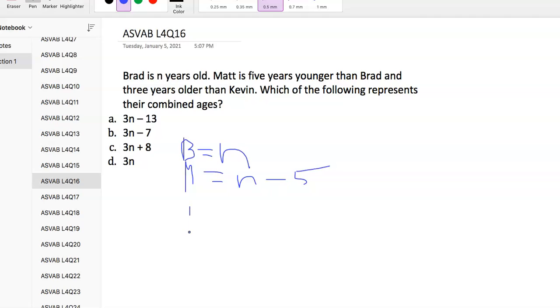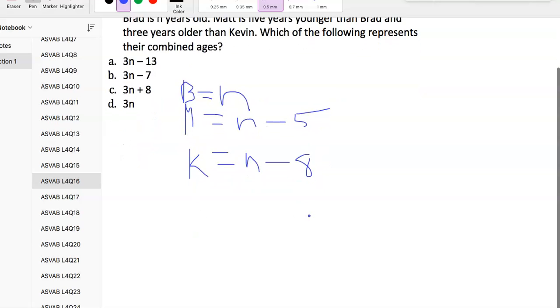And then we also have Kevin. It says Matt is 5 years younger than Brad and 3 years older than Kevin. So Matt's 3 years older than Kevin, which means that Kevin is 8 years younger than Brad, or 3 less than Matt, right? So then we have n plus n minus 5 plus n minus 8.